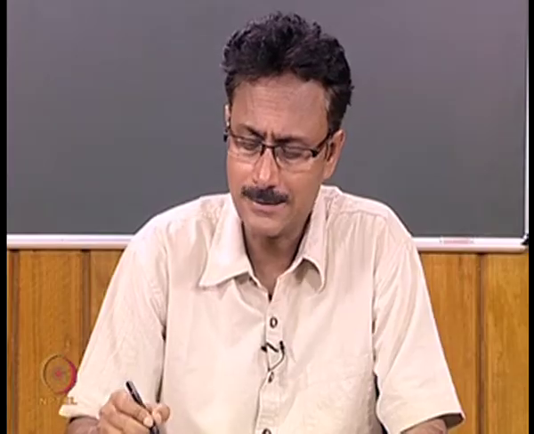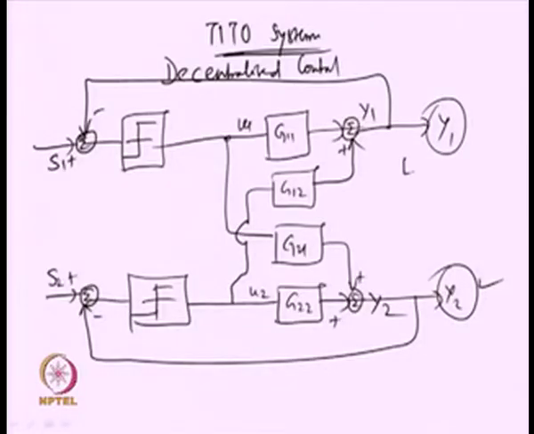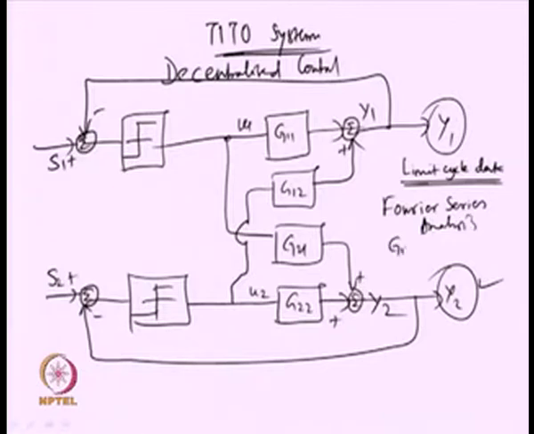They collect the limit cycle data. So, collect limit cycle data, then do the frequency domain analysis and then use the Fourier series analysis and find out the dynamics G11 j omega, G12 j omega, G21 j omega and G22 j omega.